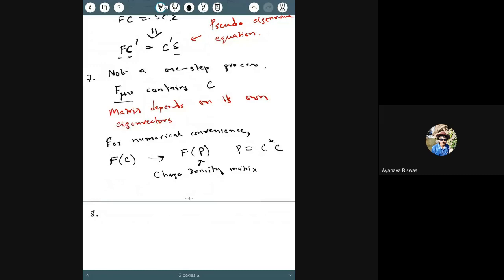So then you have the self-consistent field procedure as such. And once you get the self-consistent solution, the converged spin orbitals, you calculate the Hartree-Fock energy. Can anyone tell me what the expression was for the Hartree-Fock energy? Who remembers?